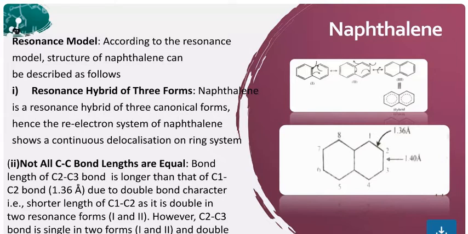Look here at the situation of the resonance. C1-C2 is 1.36 and C2-C3 is 1.40. There is a difference of 0.04, and that is very important if you are talking about bond length, because bond length is very sensitive.